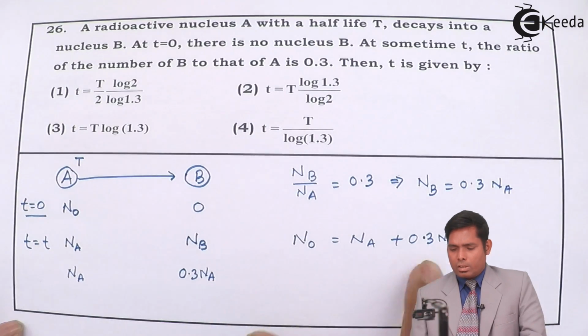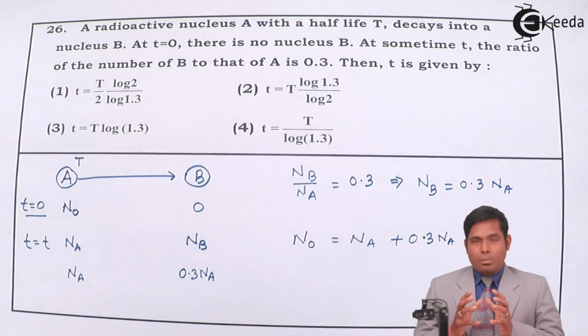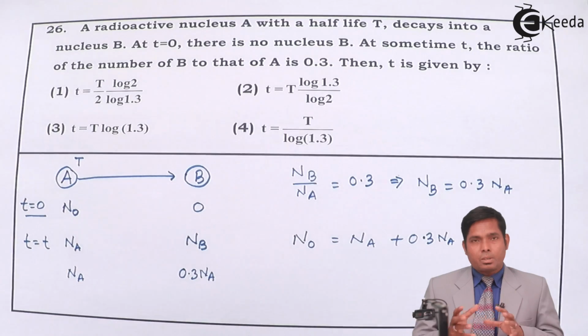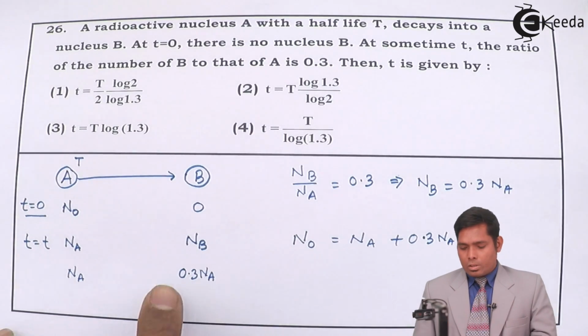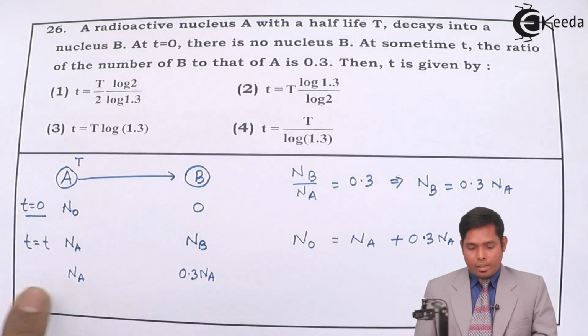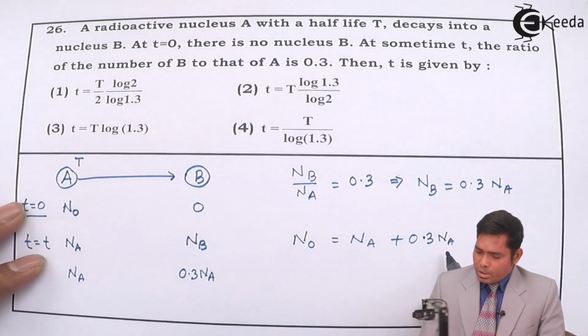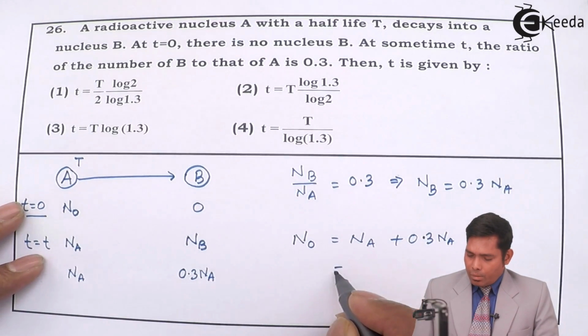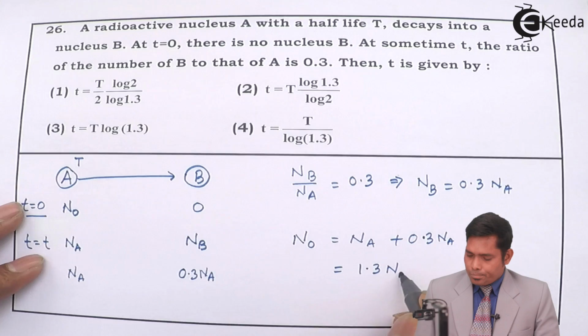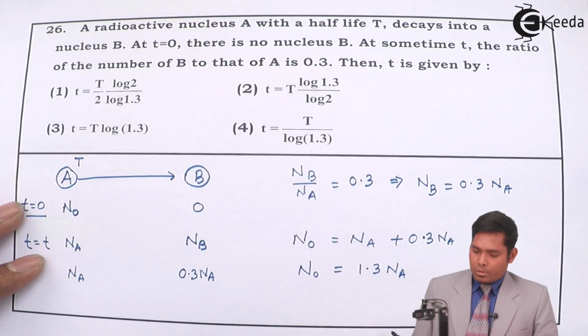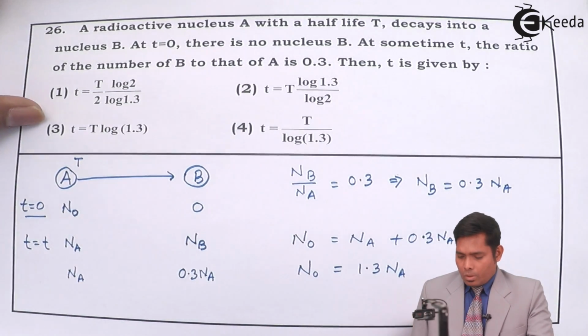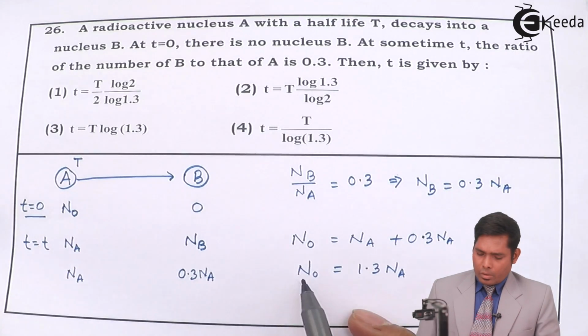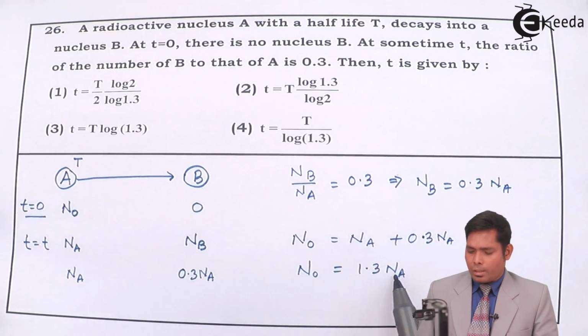At any time the total number of nuclei must be constant, equal to N naught. So I get the equation that 1.3 Na is N naught.